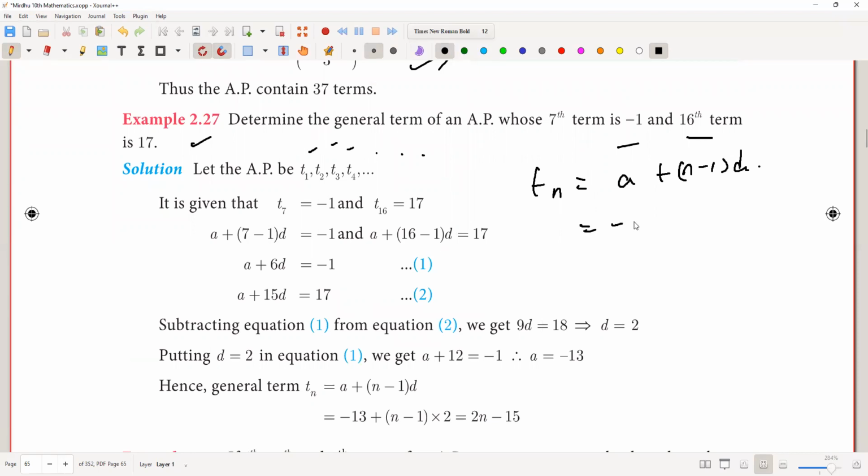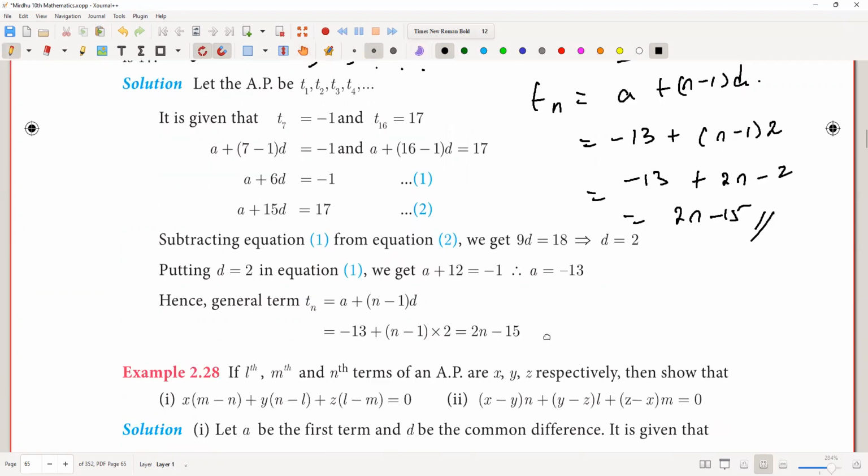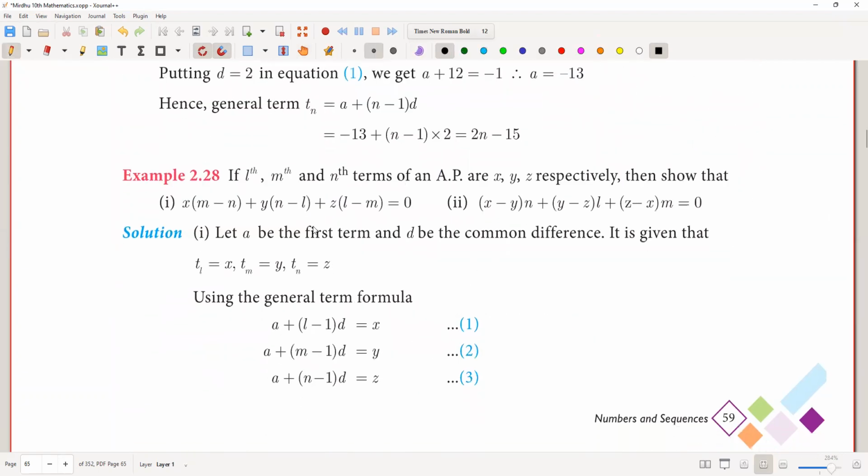A is minus 13 plus n minus 1 into 2. So minus 13 plus 2n minus 2. That is 2n minus 15. That's it.